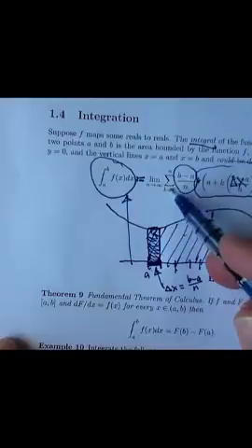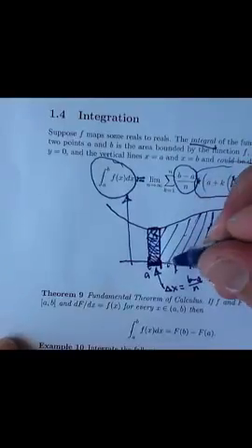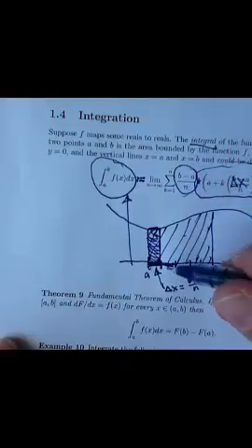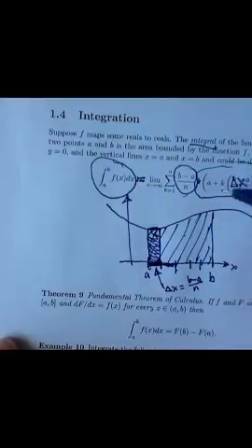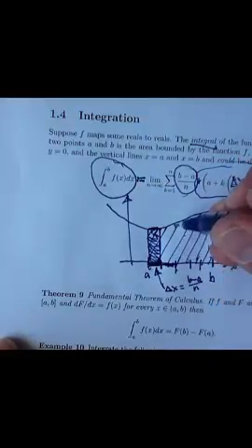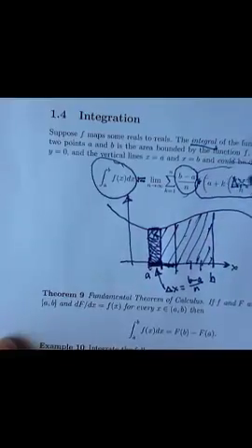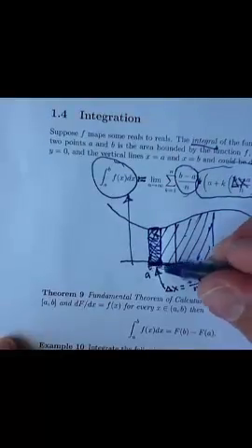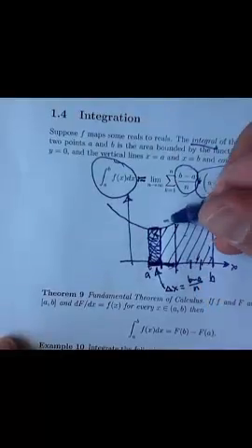And then plus, this is a summation. So then it says take again this same delta x, which is b minus a over n, and multiply by this height, f, but this time f is evaluated at a plus 2 of these delta x's. 1, 2 of these delta x's.